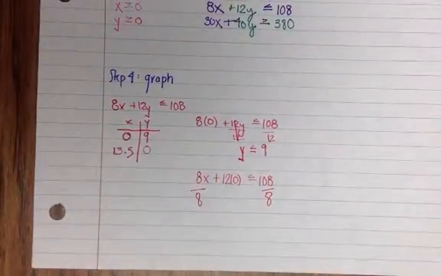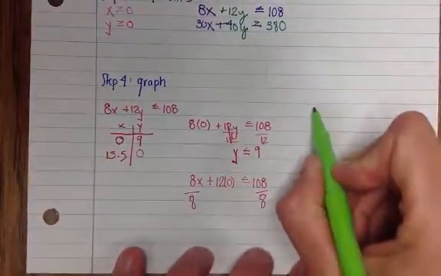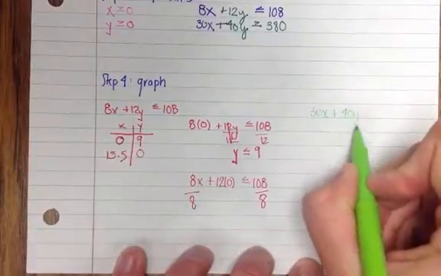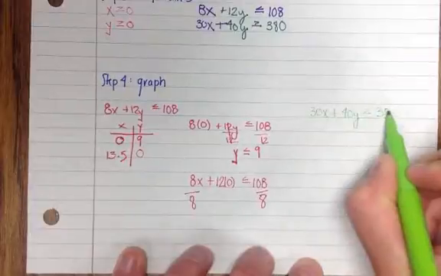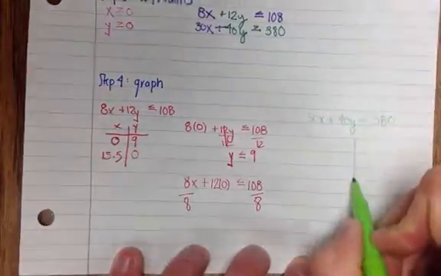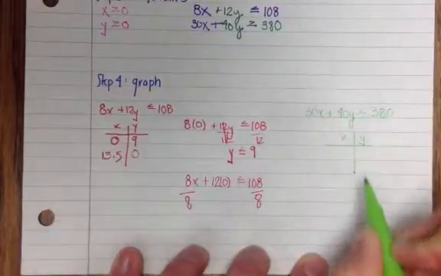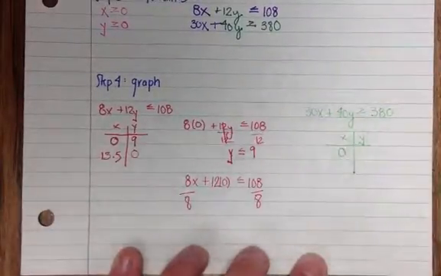I'm going to do the same process with my next system. So my next system was 30x plus 40y is greater than or equal to 380. So I'm going to set up my table, and I'm going to evaluate what happens when x is equal to 0.